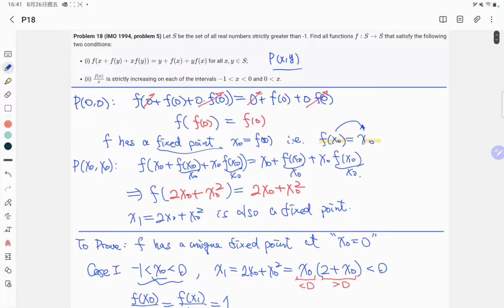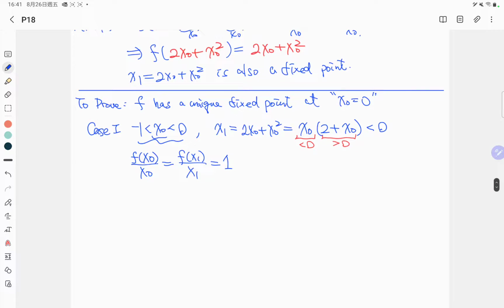For condition 2, we know that f of x over x is strictly increasing on each interval, including -1 < x < 0. So here we make use of this condition. f of x over x is strictly increasing.